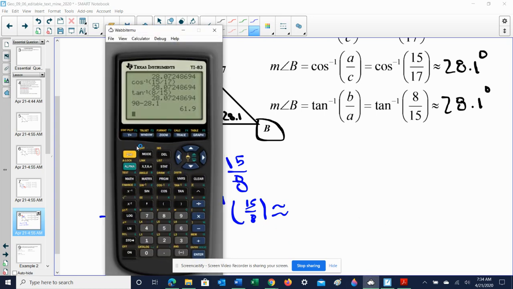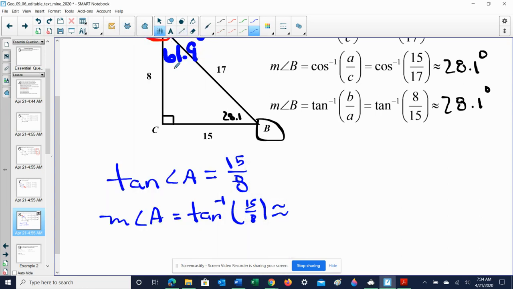Second tan 15 divided by 8, 61.9 degrees. Amazing. So this is solving a triangle. We'll get more to that later.